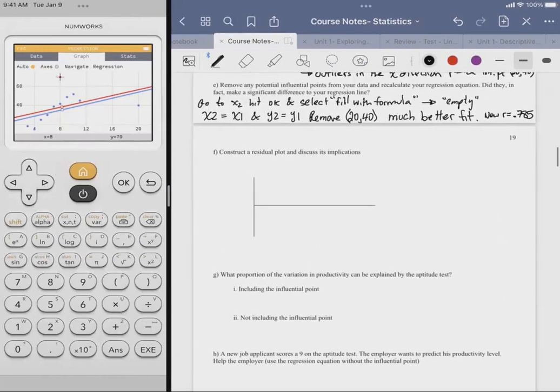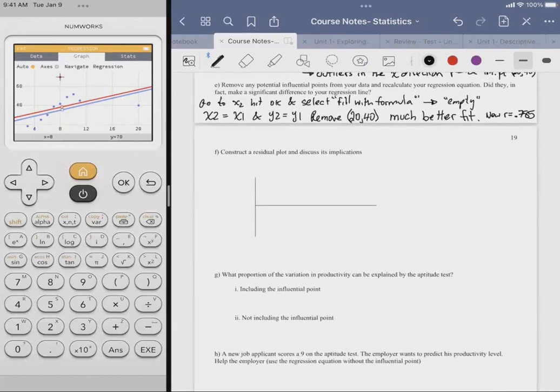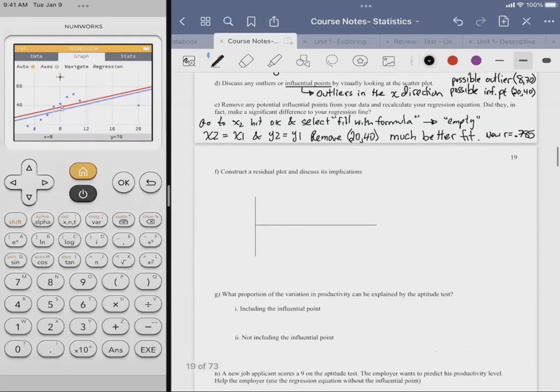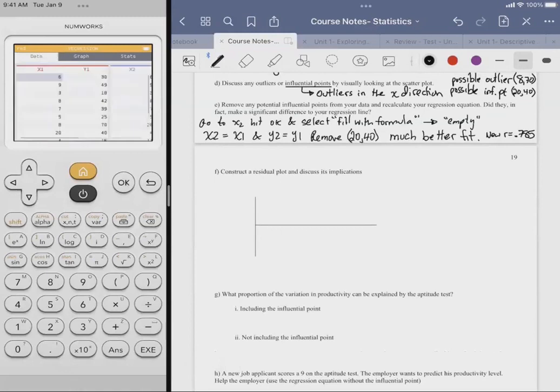So, construct a residual plot and discuss its implications. That's what I was saying before, that I'm not going to ask you to do that, but we can look at the residual plot. Now, I'm going to go back to the original data set here.